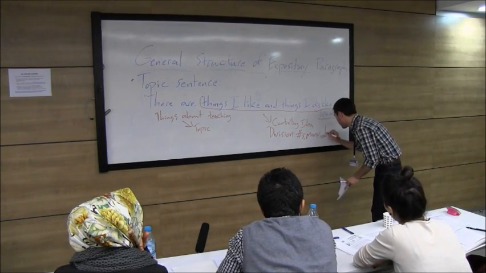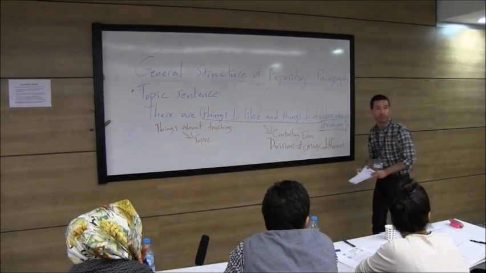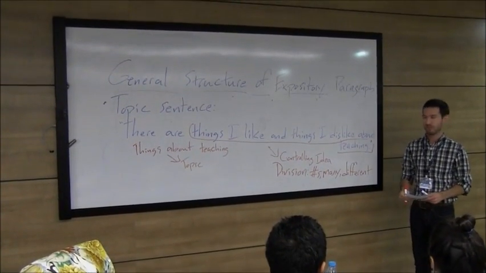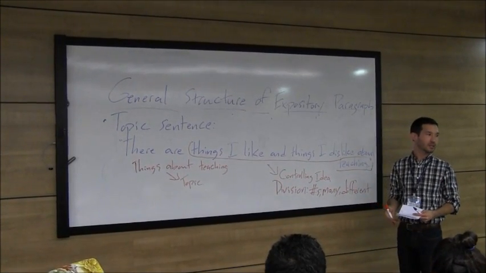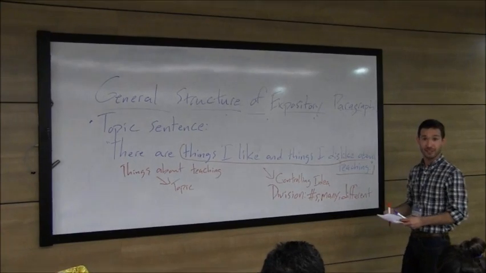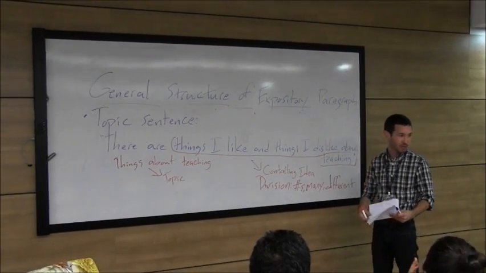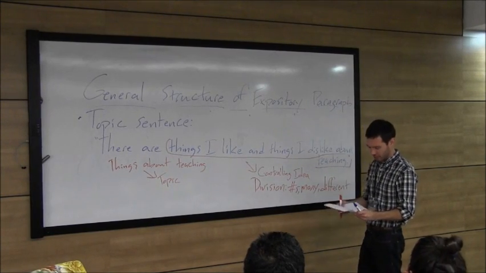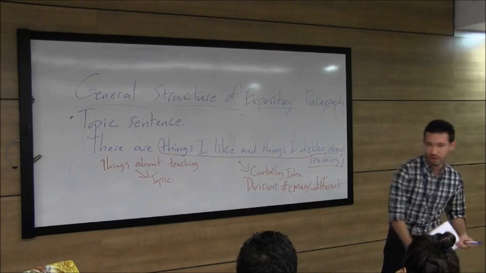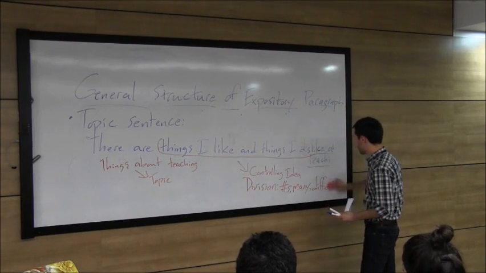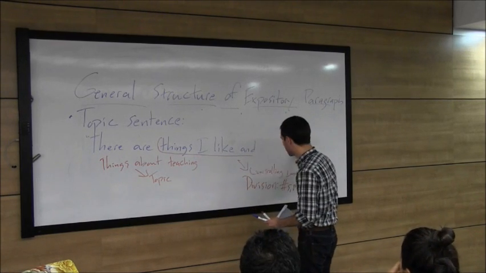Or if we see different, there are different things I like and different things I dislike about teaching. Okay, different tells me that we are also going to divide our topic. Okay? So now we know about topic sentences and controlling ideas. Again, right?